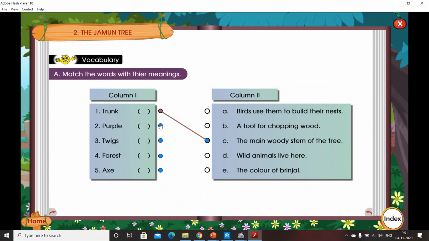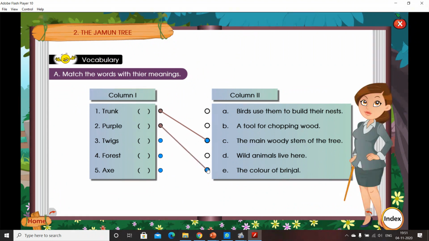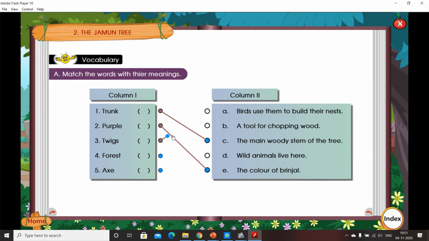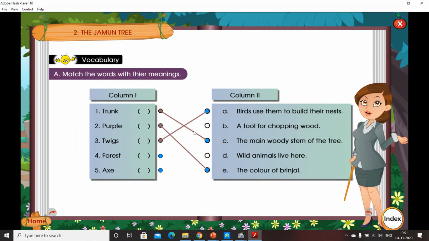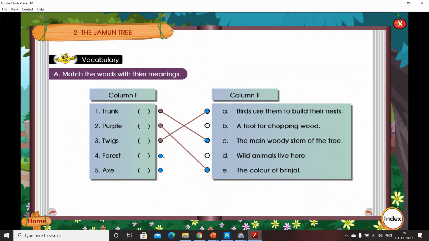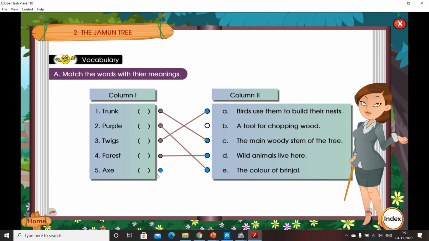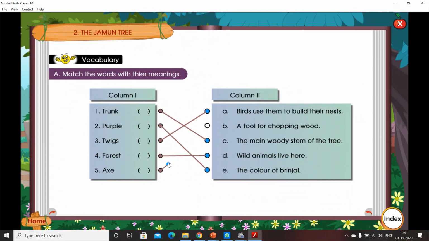Purple, the color. Do you know the color of the brinjal is called purple? Twigs, which birds use to build the nest. Forest, where wild animals live. Axe, a tool for chopping.